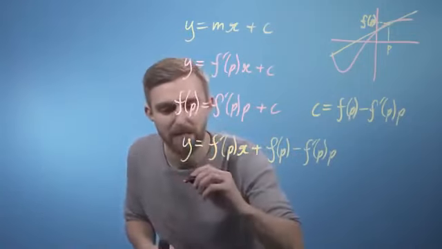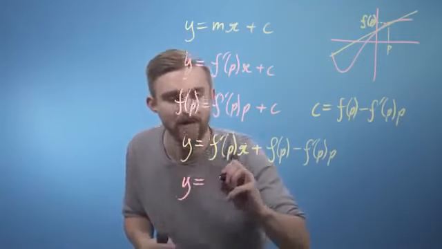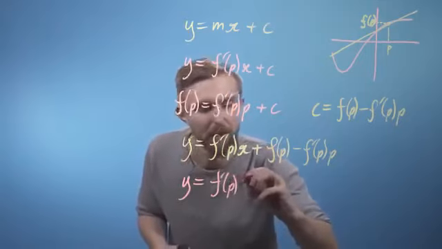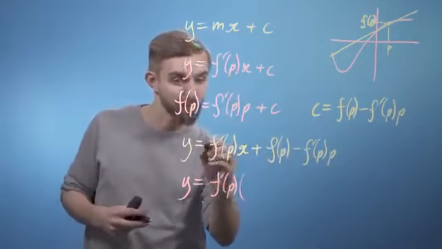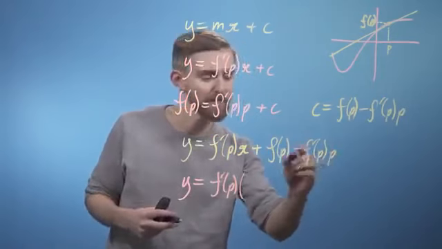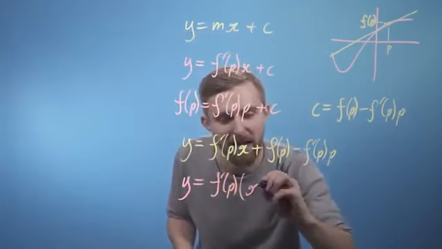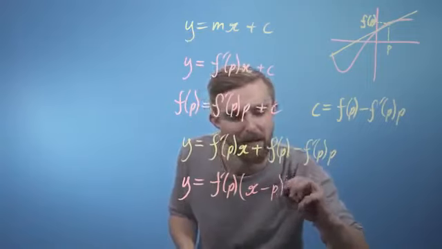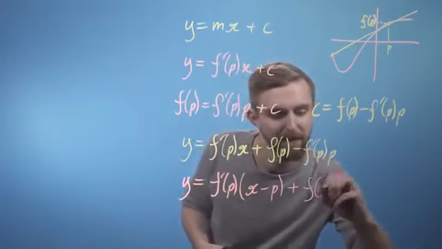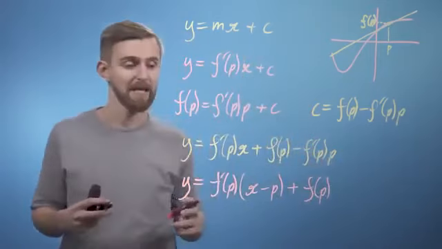And that'll leave you with a nice form of this expression. y equals f dash of p multiplied by x minus p, plus, just this term here, f of p.